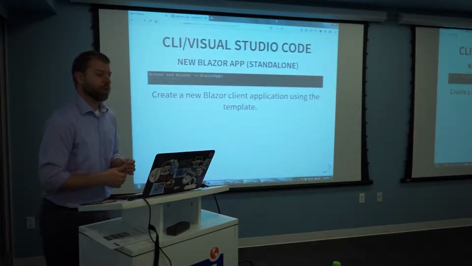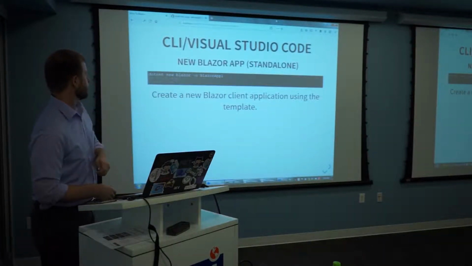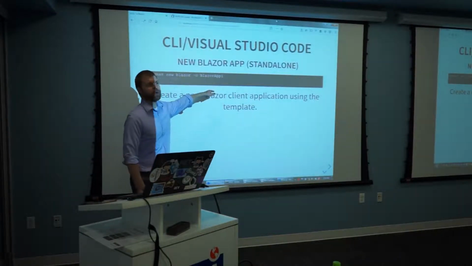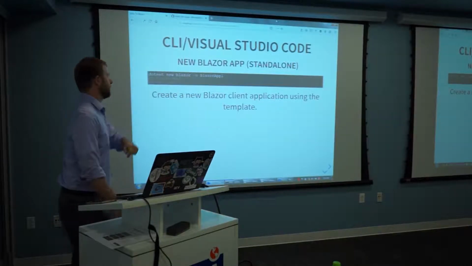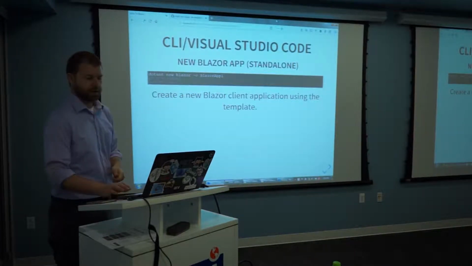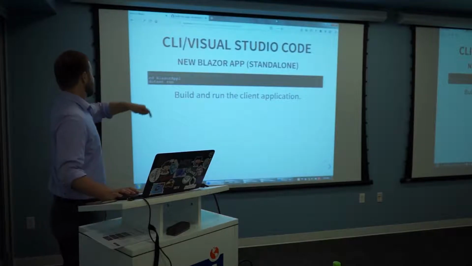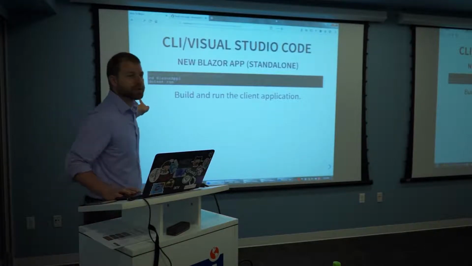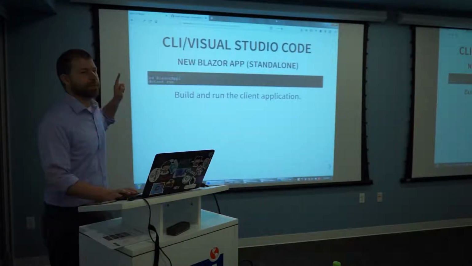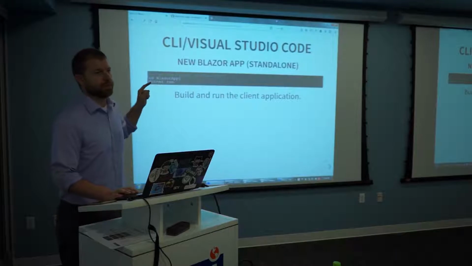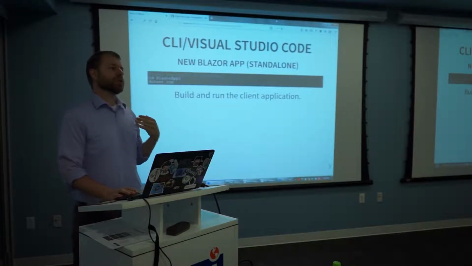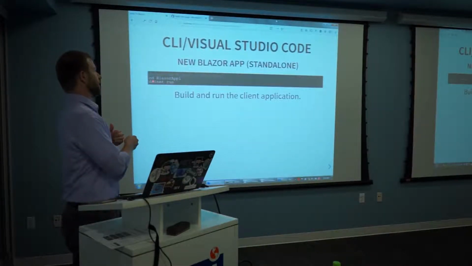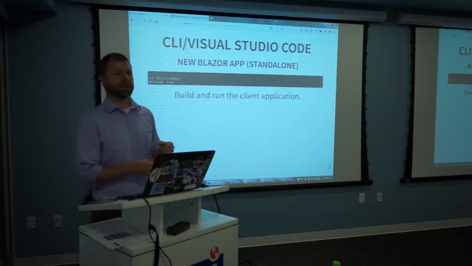Okay, so what happens when we actually use that template? So I'm going to call dotnet new blazor -o, which just says where do I want to output this, and I'm going to place it in a directory called BlazorApp1. Then I'm going to change to BlazorApp1 and dotnet run. What does dotnet run do in this case? dotnet run executes MSBuild, which will use the MSBuild tasks that the Blazor NuGet packages that this template installed for us into our new application.